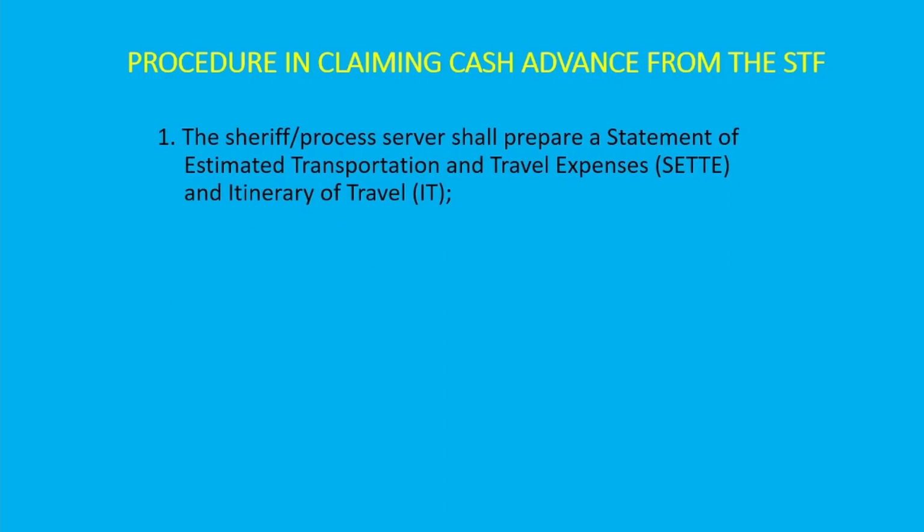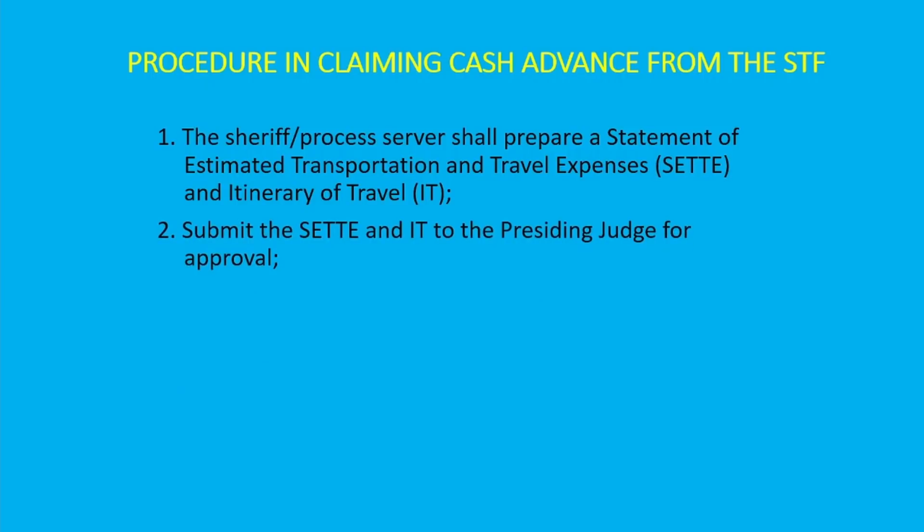Procedure in claiming cash advance from the STF. The first thing to do, the sheriff or process server shall prepare a statement of estimated transportation and travel expenses, or SETE, and itinerary of travel, or IT. Next, submit the SETE and IT to the presiding judge for approval. If the sheriff or process server is from the OCC, he should submit it to the EJ.